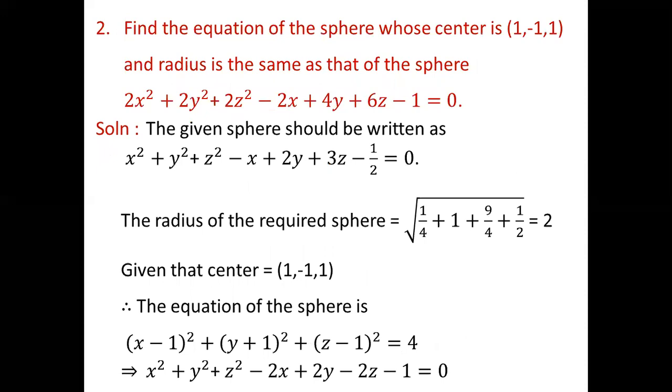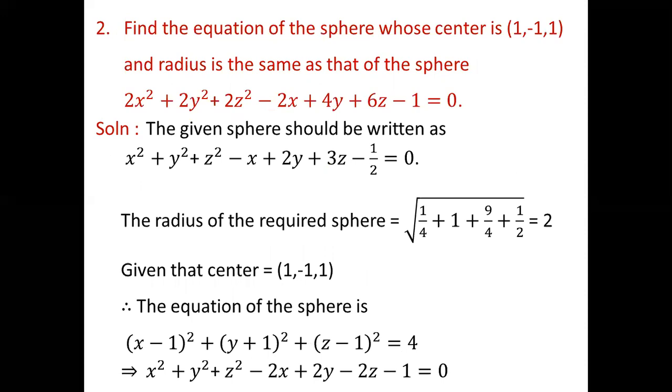Second problem. Find the equation of a sphere whose center is (1, −1, 1) and radius is the same as that of the sphere 2x² + 2y² + 2z² − 2x + 4y + 6z − 1 = 0.